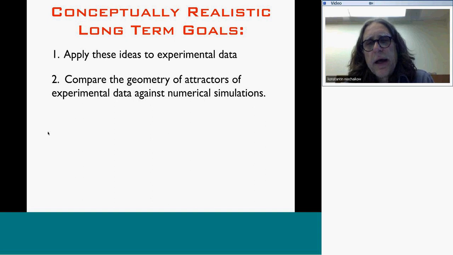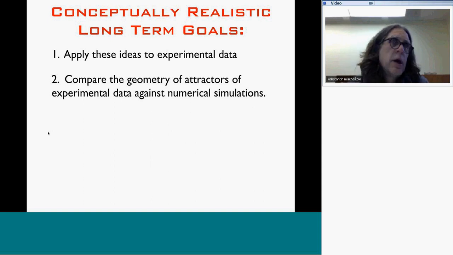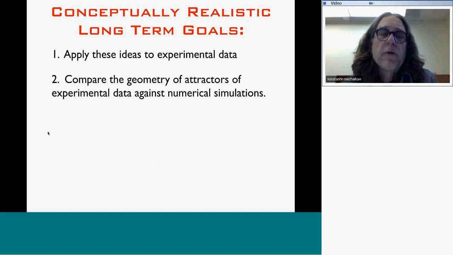When it's experimental data, we're using these same techniques. What we can do now is start looking at statistics in a very general way.